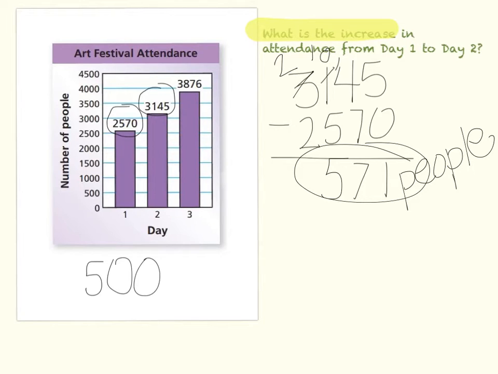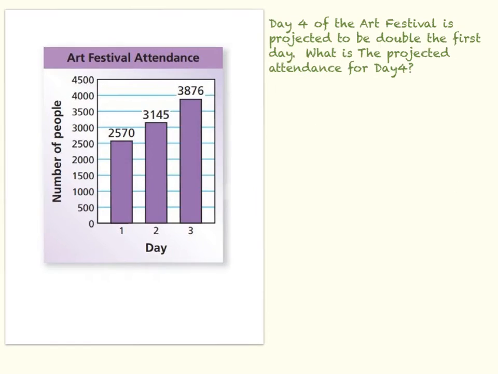Now I'm going to go on to my next problem. Day 4 of the art festival is projected to be double the first day. What is the projected attendance for day 4? So I found that my keyword there is double. And double means for me to do something twice.